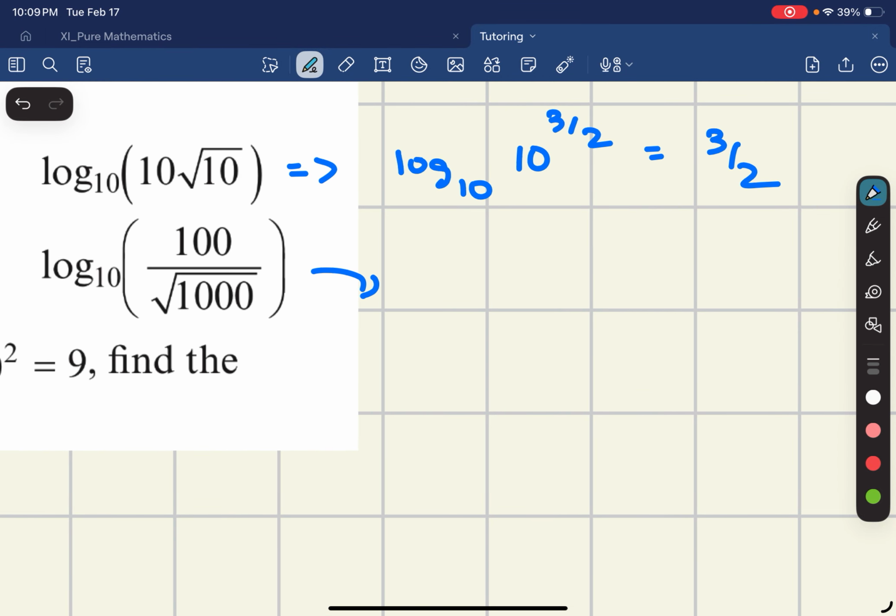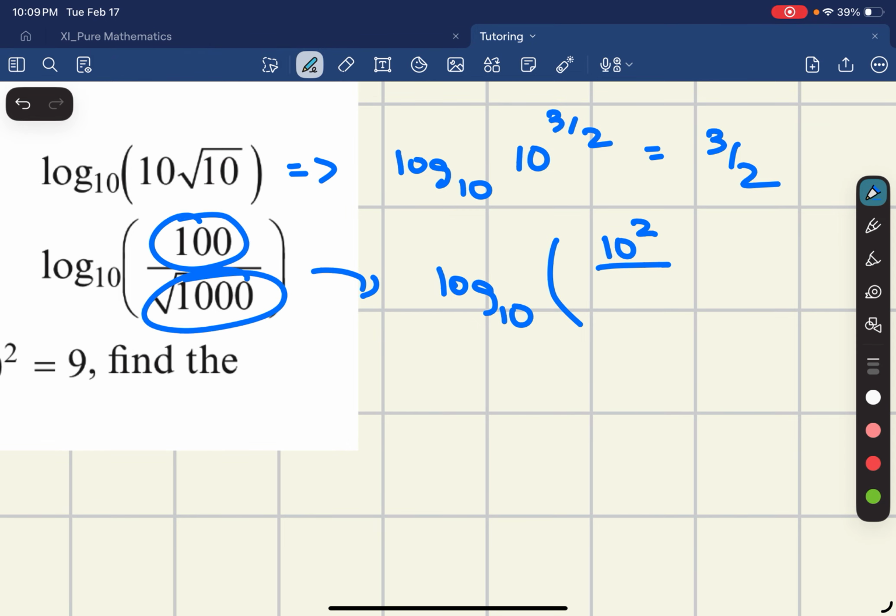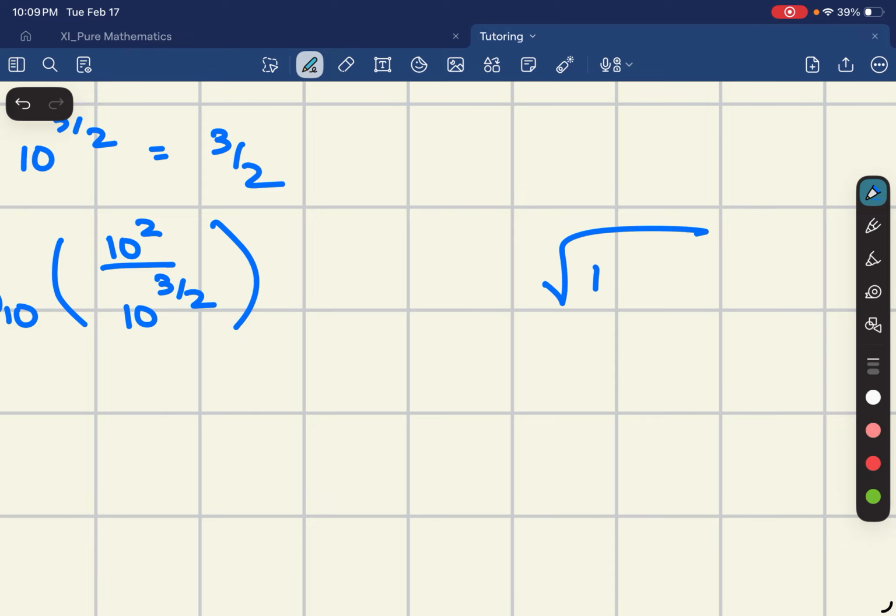And this one is the same thing. Log, you have 10 squared, and I'm trying to write everything in terms of my base here. So 100 is 10 squared. And we have 10 to the power 3 by 2. That is how you can write the square root of 1000.